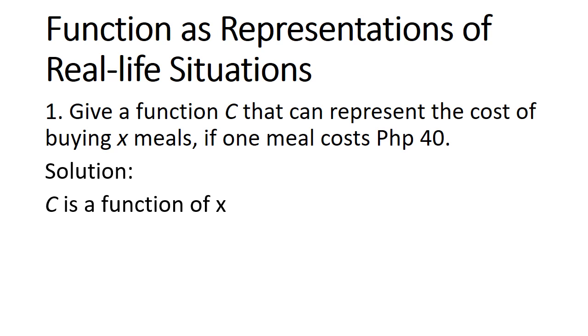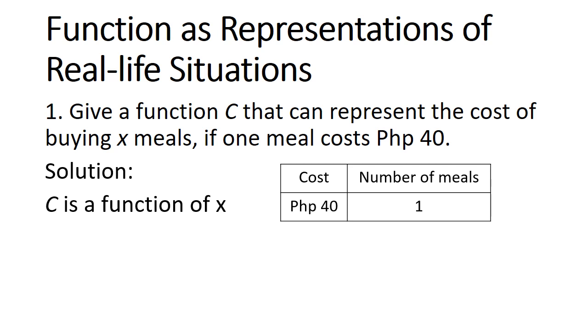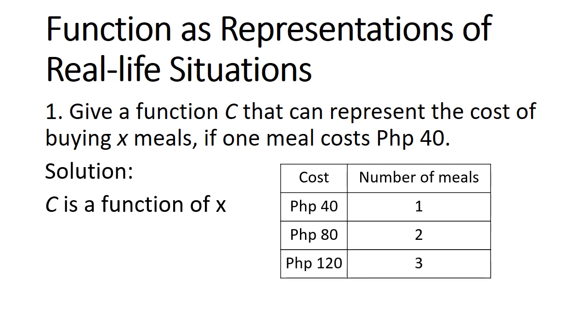Given that bawat meal ay may bayad na 40 pesos. So let's see. Kung bibili ka ng isang meal, babayad ka ng 40 because each one meal costs 40 pesos. And of course, kapag dalawa, twice ng 40 is 80 pesos. And kapag tatlo, 120.